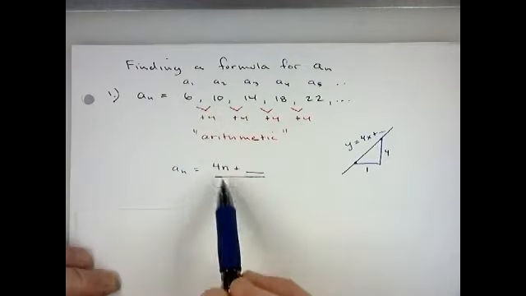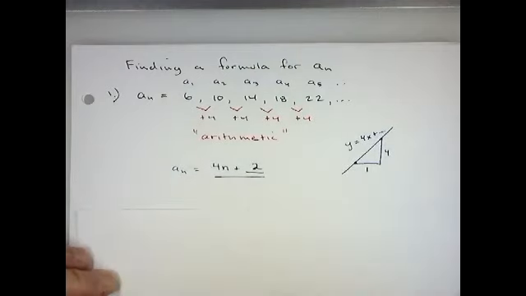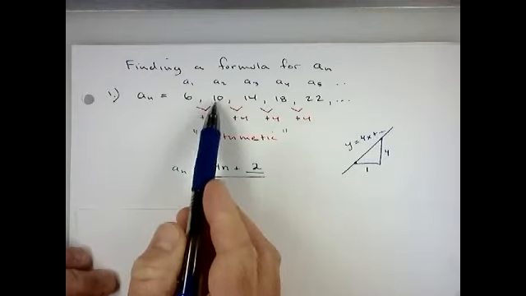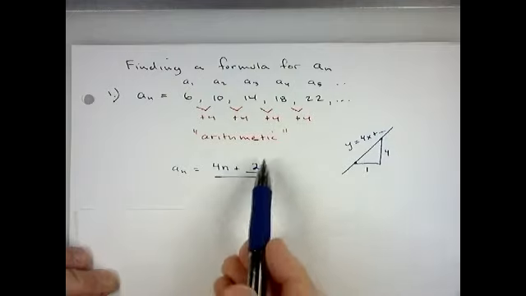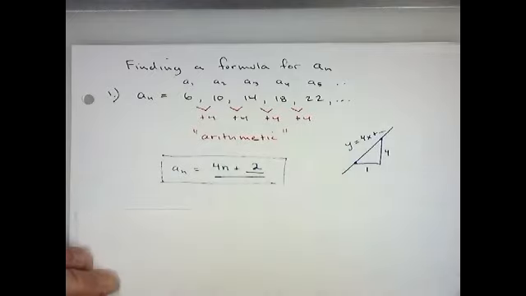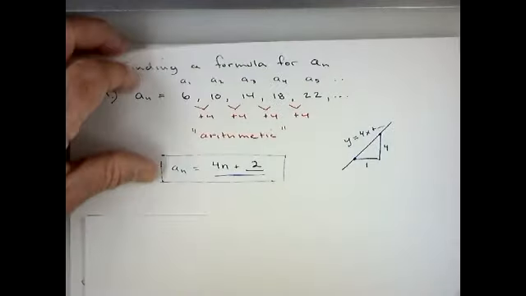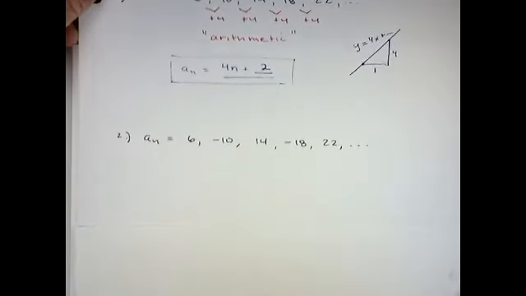When n is 1 here, though, I'm only getting 4. So how do I get to 6? I need to add 2 to that. And you can check it for some other values of n. When n is 2, you're going to get 4 times 2 is 8, plus 2 would give you 10, and it's going to work. Okay, so for an arithmetic sequence, those are relatively simple to find formulas for.